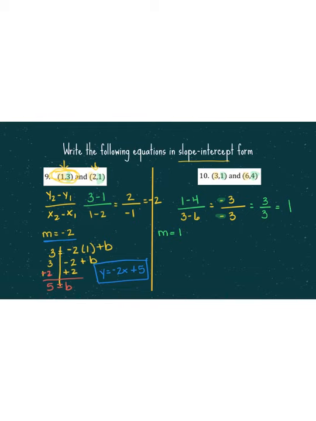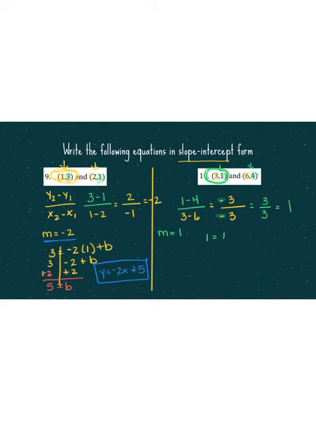Okay, so now I'm going to fill in what I know. Again, both the first set and the second set are all positive. I'm just going to take my first one. It doesn't matter which one you use, but I'm going to use my first one. So my y here is 1 equals, now I want my slope.